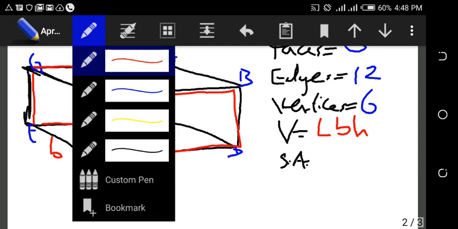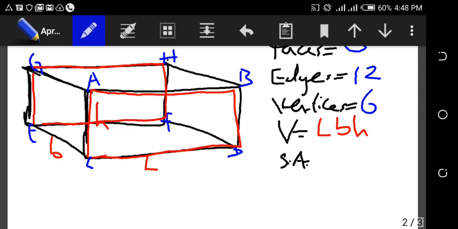The other one we have the one by the side here, which also happens to be the same here. That's the second distinct face that we have.